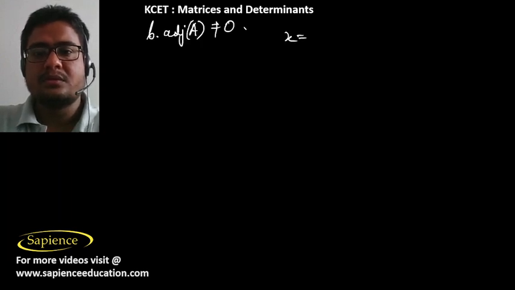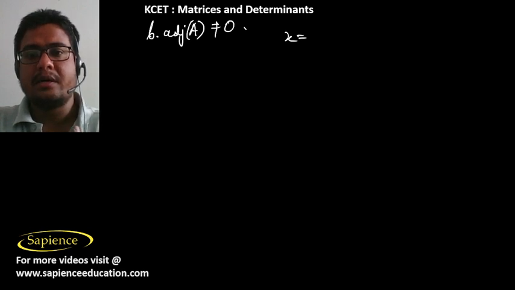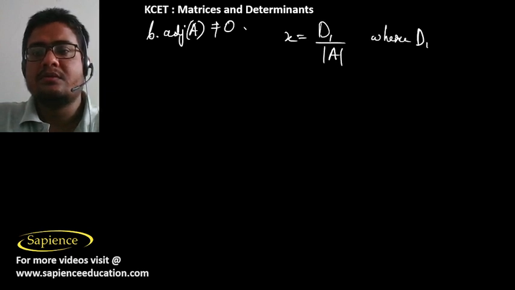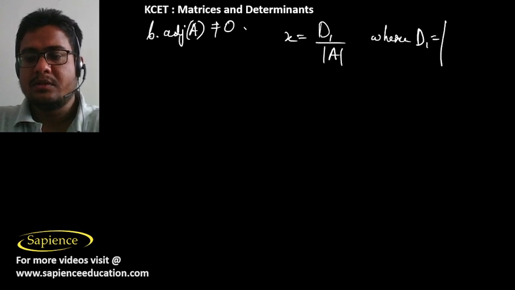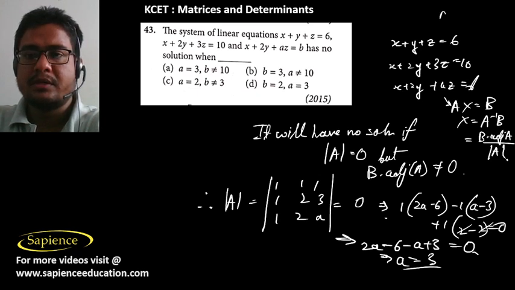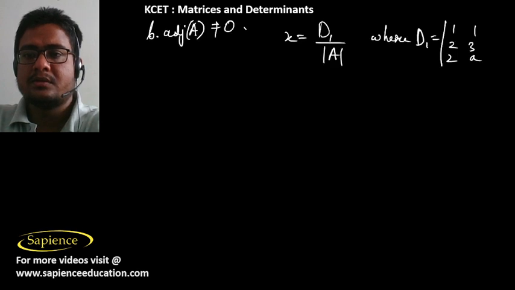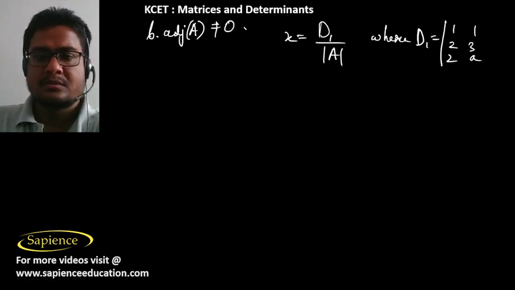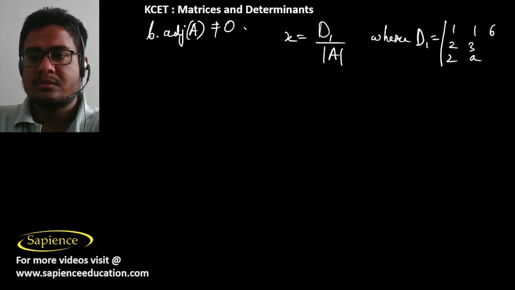X is equal to the determinant D1 by determinant of A, where D1 is the determinant of 1 6 1, 1 10 2, 1 b a, where the matrix B is actually 6 10 b.